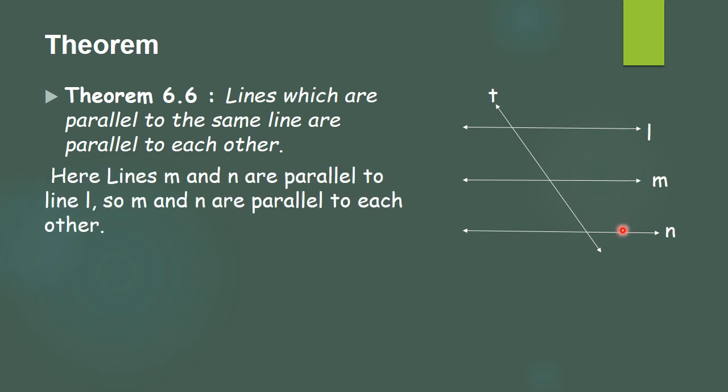That is, M and N are parallel to the line L. We don't know whether M and N are parallel or not. We know that line M is parallel to L, line N is also parallel to L, then we can say that M and N are parallel to each other.